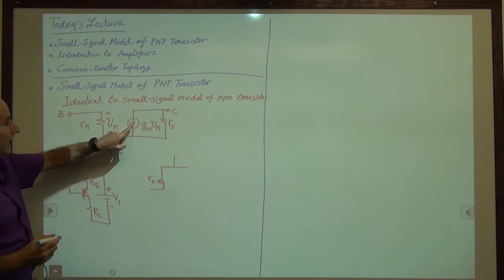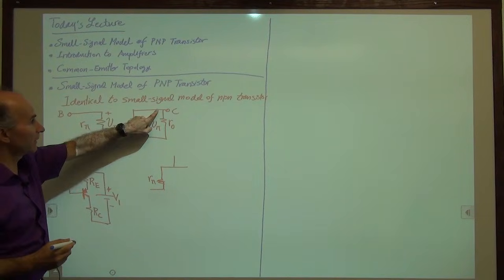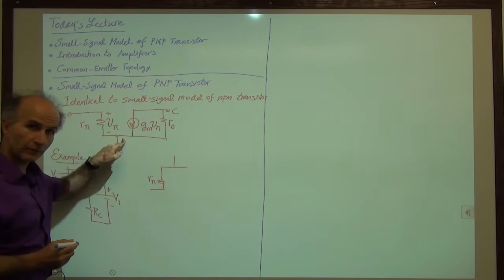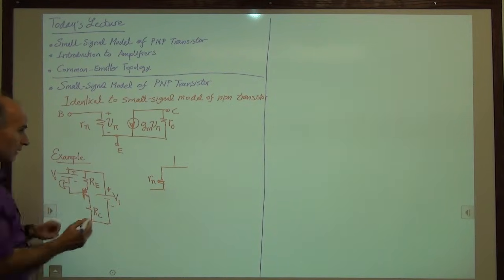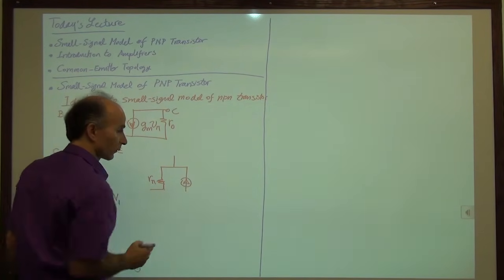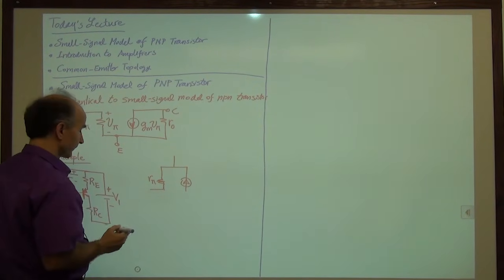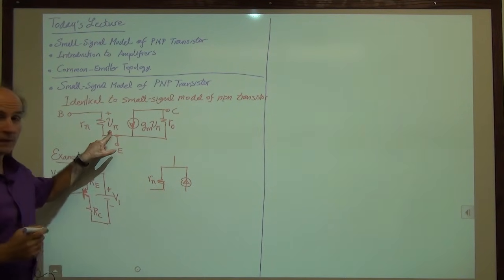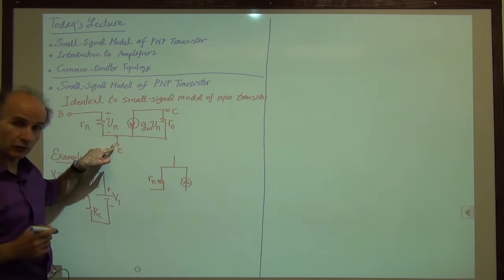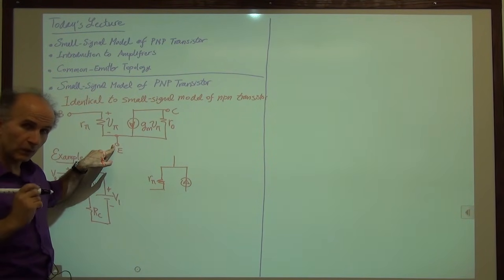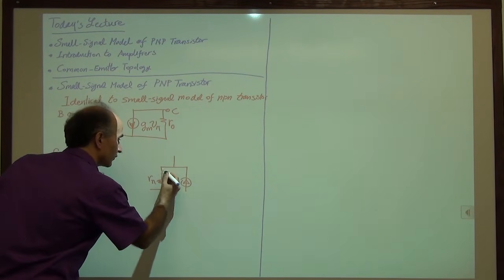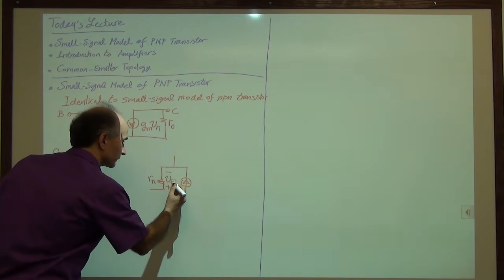Then there is a controlled current source from collector to emitter. The arrow points from collector to emitter. So we draw a current source pointing from collector to emitter. V pi is the small signal voltage from base to emitter, regardless of whether it's PNP or NPN. So from base to emitter, V pi.